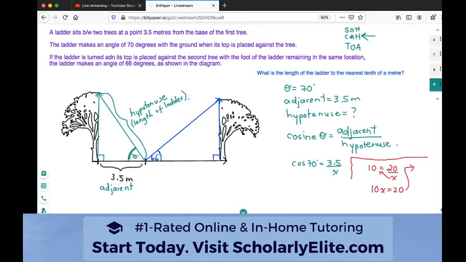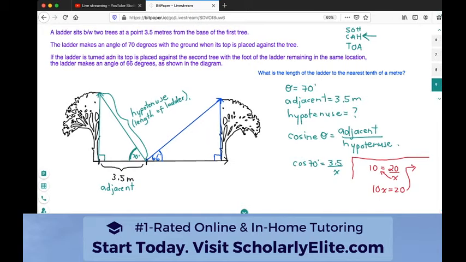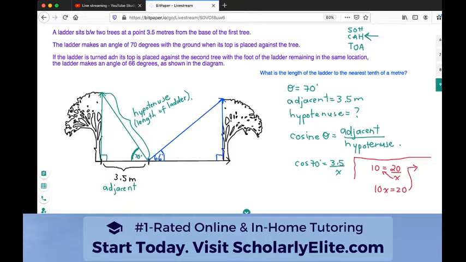Hopefully you guys can see it a little bit better. In our next step, I need to isolate x. So I'm going to divide the number 10 off of both sides, it cancels on this side, and I get x equals 2.